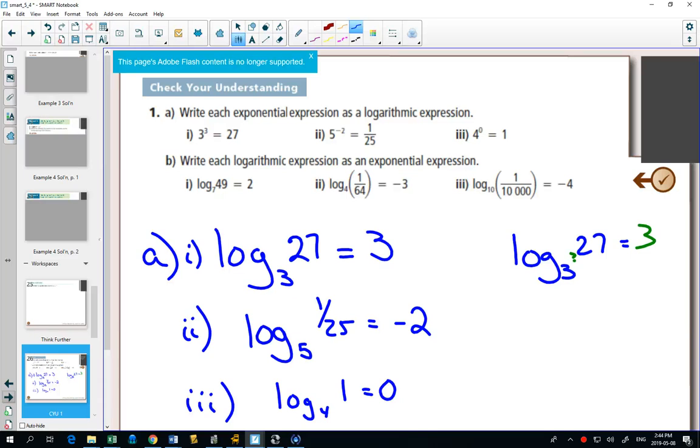So in logarithms, we have that log of any base of 1, okay, is equal to, again, here we would say, okay, if I had log base A of 1, I would think in exponents and I'd say to myself, A to what exponent would equal 1? And that would have to be 0.